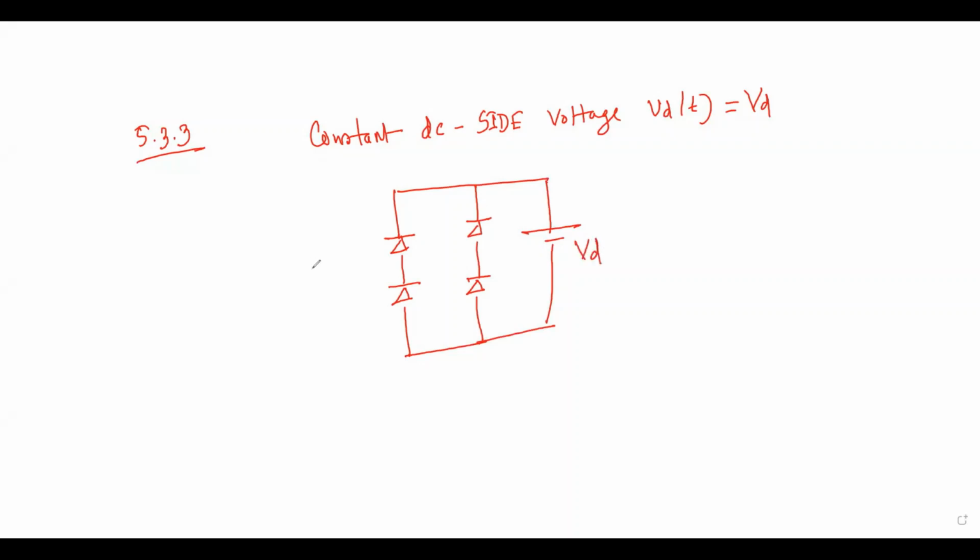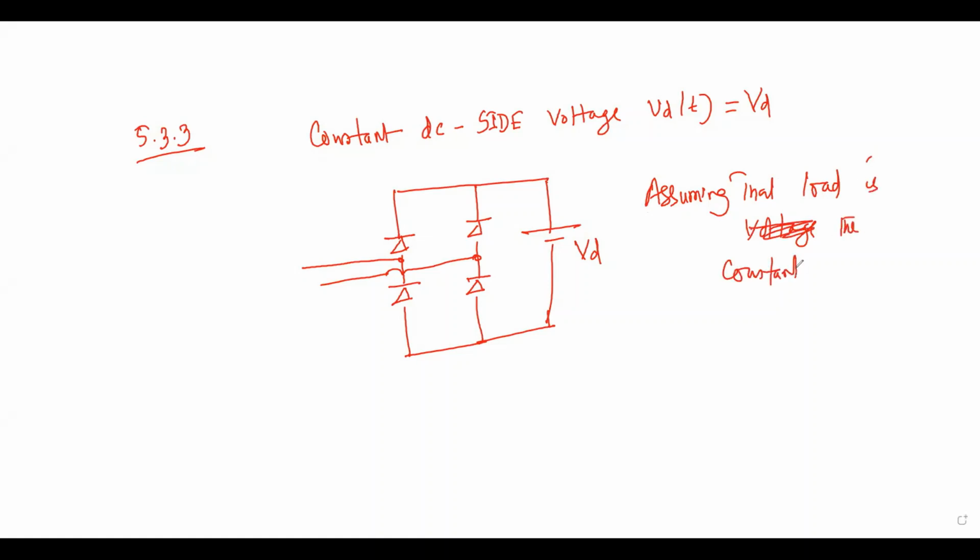So instead of putting the load voltage, load current as a constant, now we are assuming that the load is a constant voltage. Previously it was constant current, now it is constant voltage.